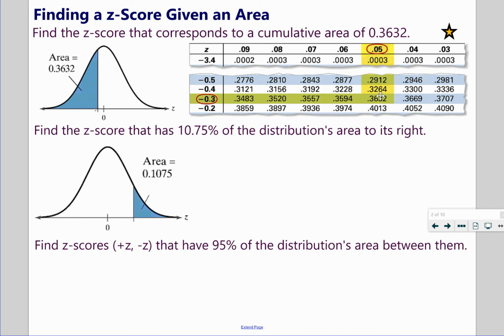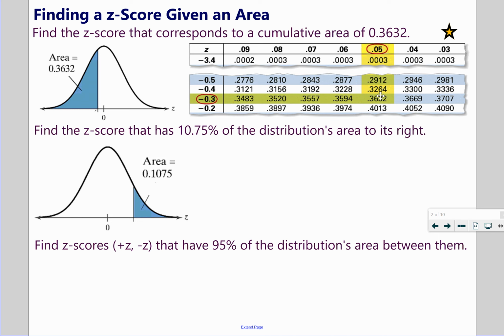If you are on the left side of your mean, it's a negative z-score and your area is less than 0.5. If you're on the right side, you have a positive z-score and your area is bigger than 0.5. Here the area is smaller than 0.5, so I look at the negative side of my z-score chart.